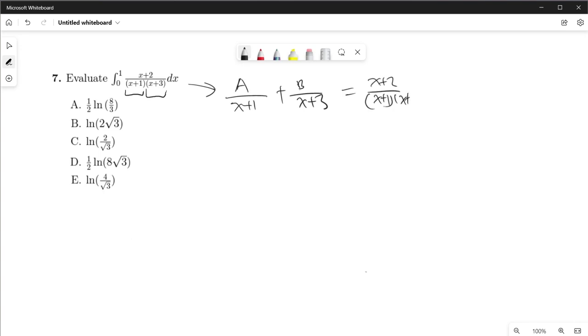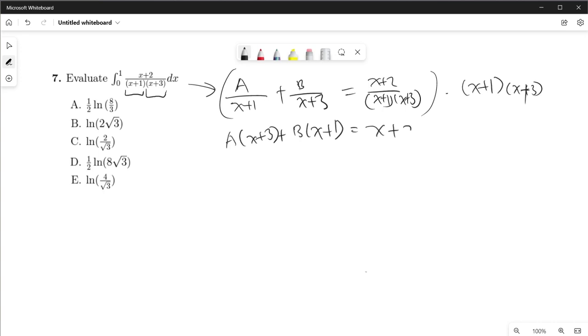And I can multiply the denominator to both sides, and then I will have a times x plus 3 plus b times x plus 1 equal to x plus 2.